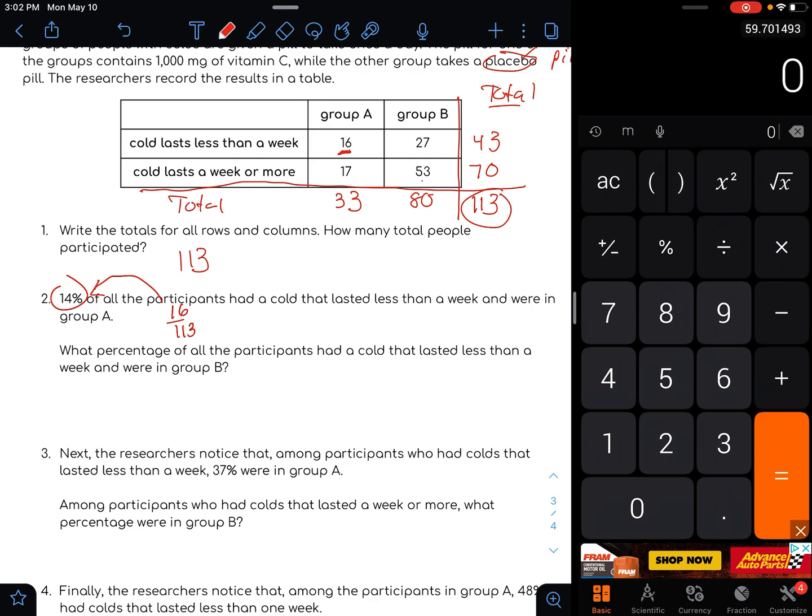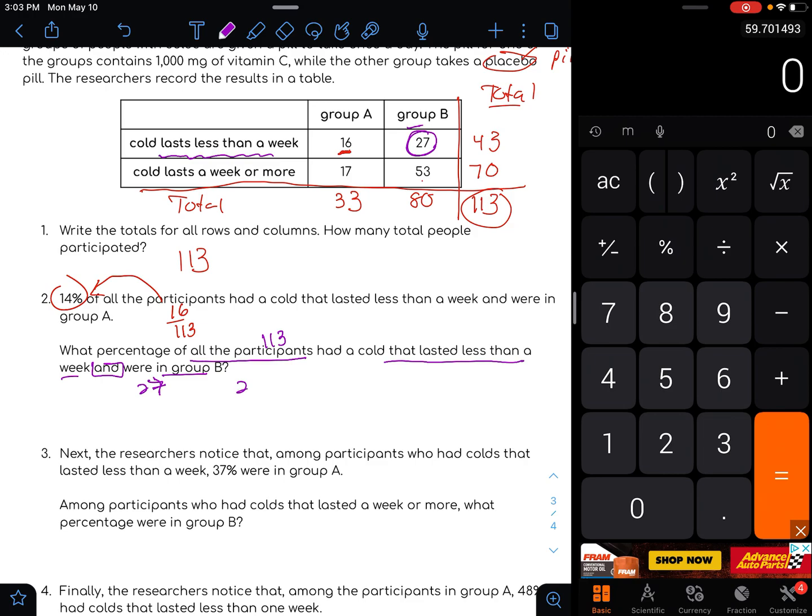Okay, so let's be clear about what we're choosing from in this case. Percentage of all participants, so that's the 113, had a cold that lasted less than a week and were in group B. So that's this less than a week and group B, so that's the 27.